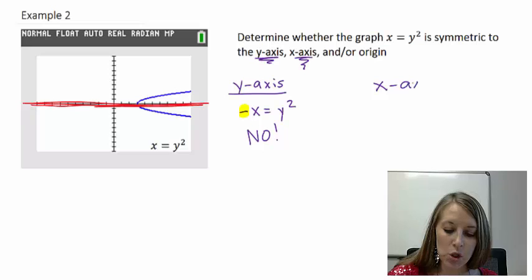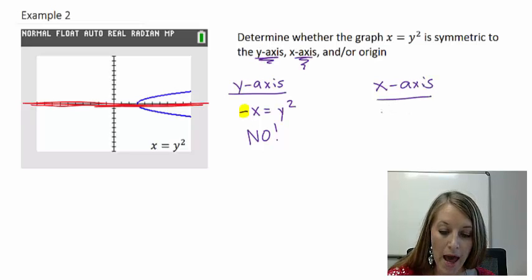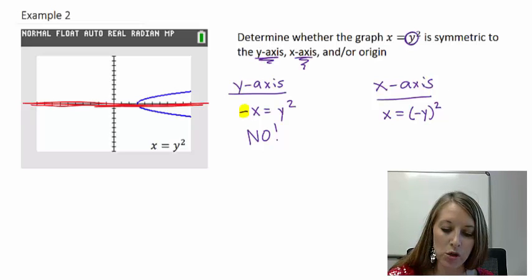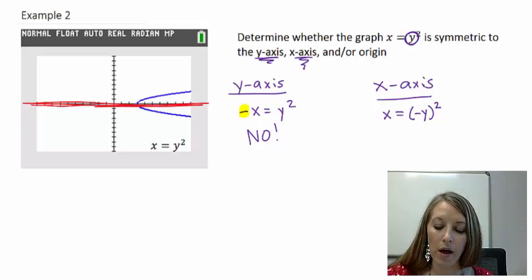We test for symmetry of that by substituting in negative y for y. So x equals a negative y squared instead of my original y here. Well, we know that if we were to square anything, it would always end up to be a positive number. If we take a positive number and square it, it's positive. If we take a negative number and square it, it's positive. So in this case, the square eliminates my negative.